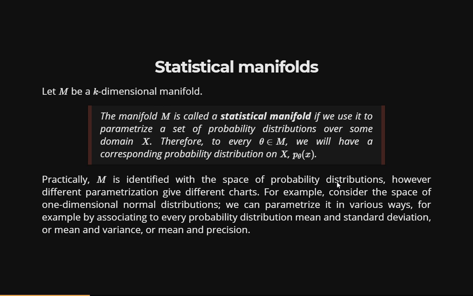I don't remember. And so different parameterizations give different charts of the manifold, but the manifold, so the set of all one-dimensional normal distributions, is the same.